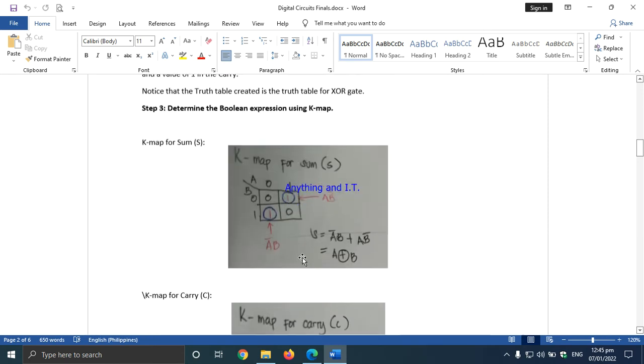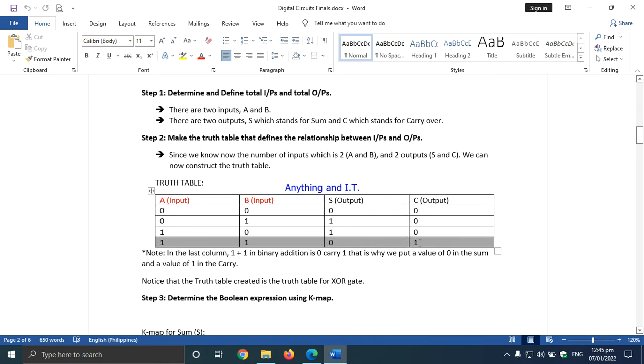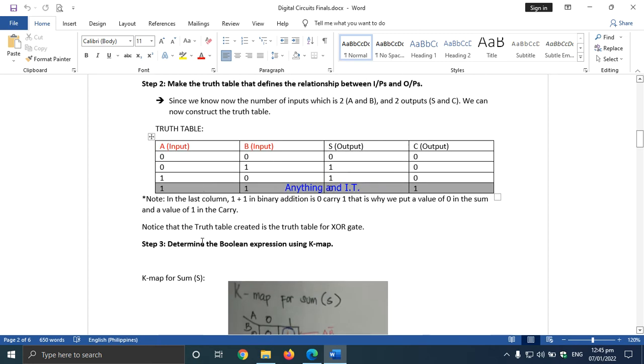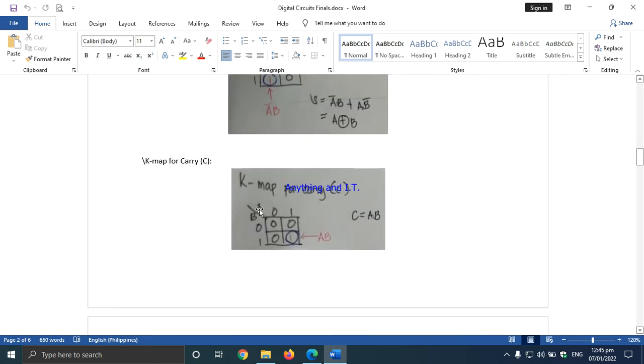So, there's only one 1, if you notice. Our carry is 1 only if both A and B are equivalent to 1. So, here it is, where A is equal to 1 and B is also equal to 1. Here it is. So, my Boolean expression for carry is C is equal to AB.